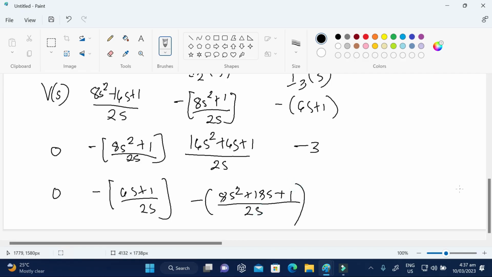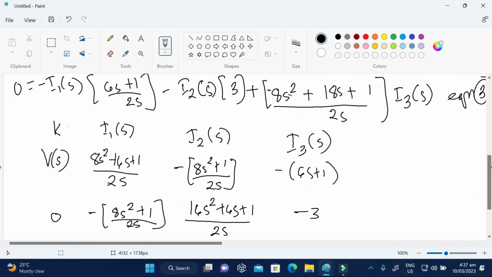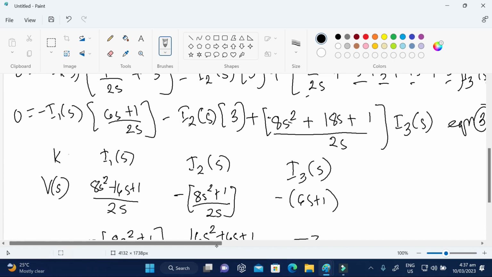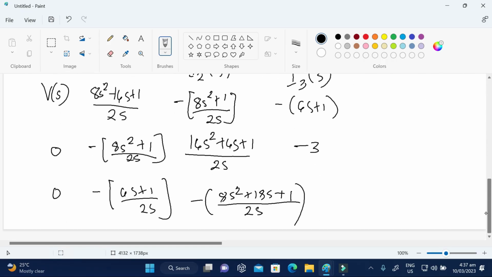Tapos yung sa I3 should become positive. Ay, baliktad pa rin. I2 pala yun. Negative 3.